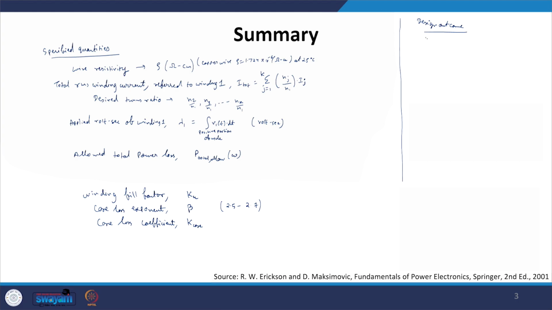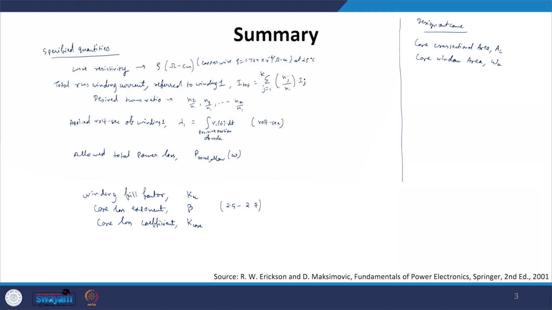So, the design outcomes are your core cross sectional area, defined as AC, the term we have defined. Then we have the core window area, which is WA.